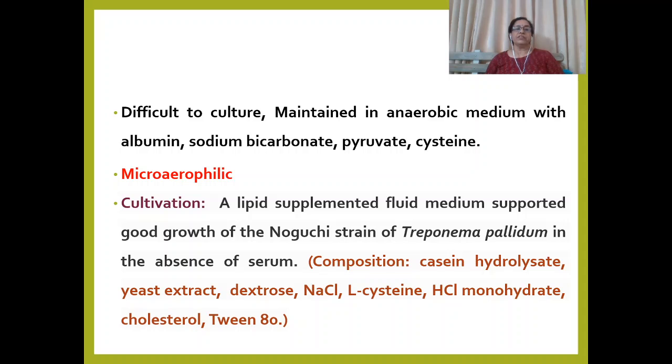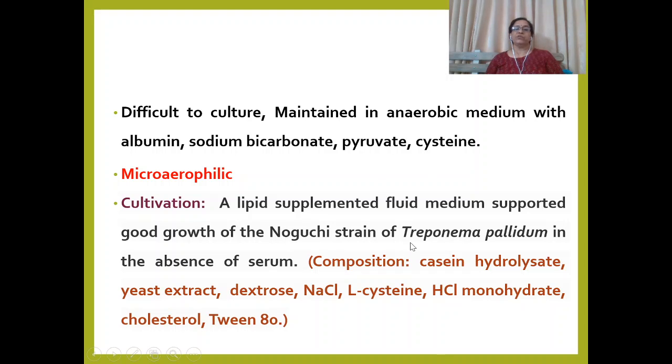Their cultivation can be carried out by using certain conditions in which some animal tissues can be added, and a liquid supplemented with lipids for good growth of this organism. Basically, one strain which is used here is called Noguchi's strain of Treponema pallidum.